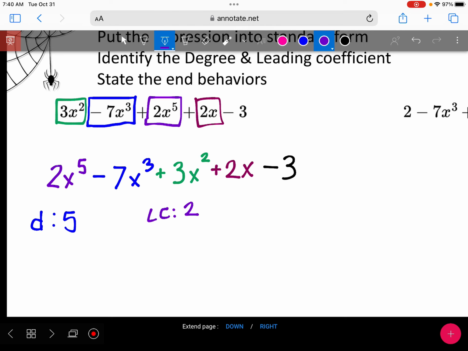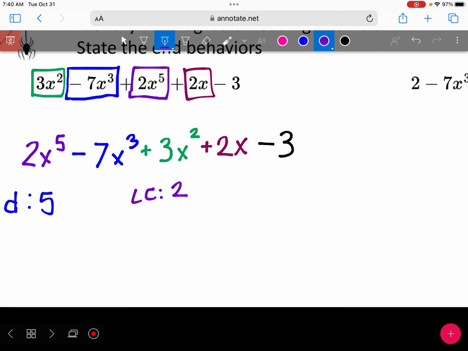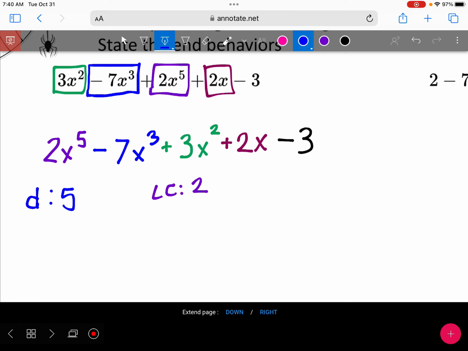So our leading coefficient is 2 and our degree is 5. So is this one even or odd? Odd. Good. And are we positive or negative? Positive. So odd and positive, that's how we figure out our end behavior.